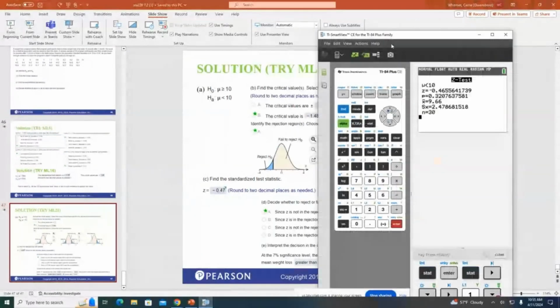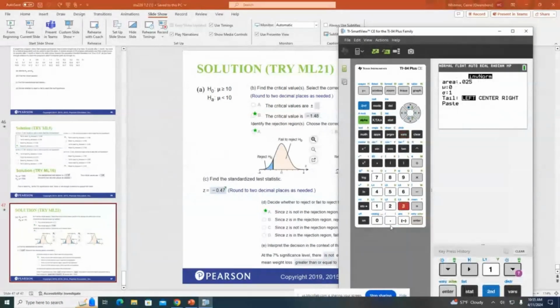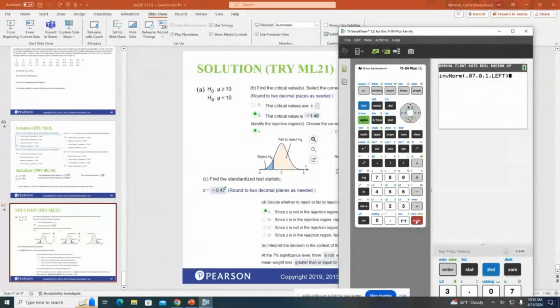Then when you want to find the critical value, you're going to go back to second VARS and do the inverse norm. This was a left tail test, so I'm at 0.07 because that was my alpha value. And make sure if you have that option, choose left.